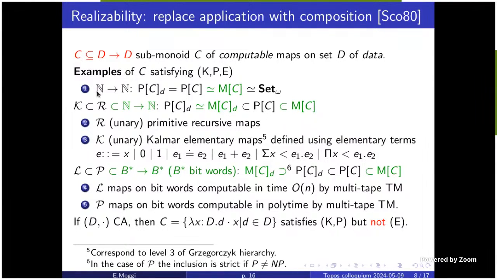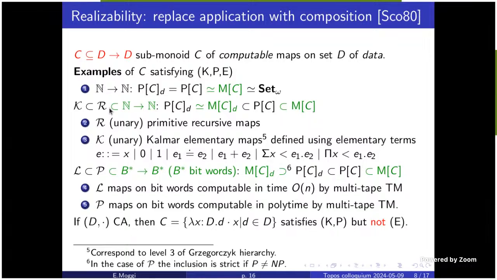First, let's take D to be the natural numbers. If we take as C the set of all functions of natural numbers, then this category of decidable predicates coincides with the category of all predicates on D, and this is just Set omega.